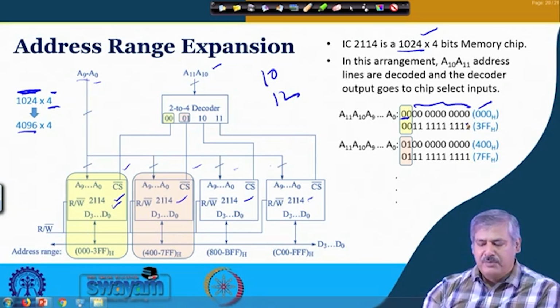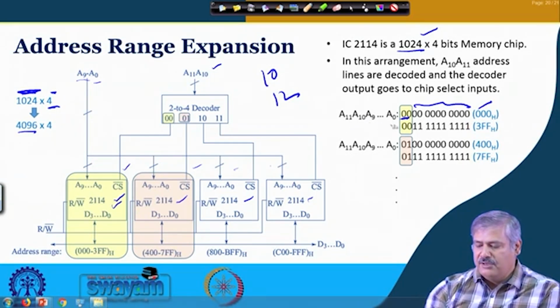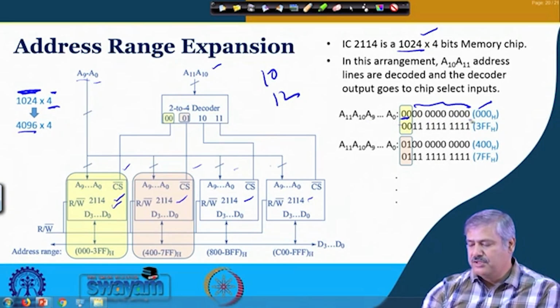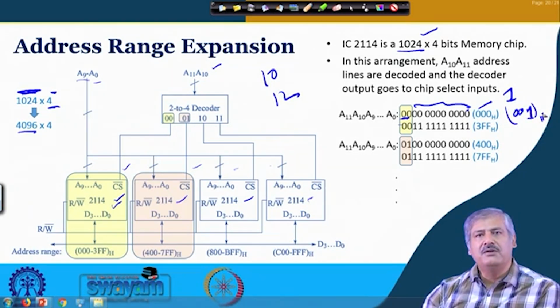Now, if you change A9 to A0 to 0 0 0 0 0 0 0 0 0 1, so this 0 becomes a 1, you will be reading from location 001 in hex. From that location you will be reading or writing.